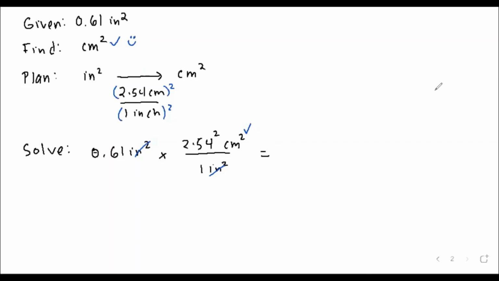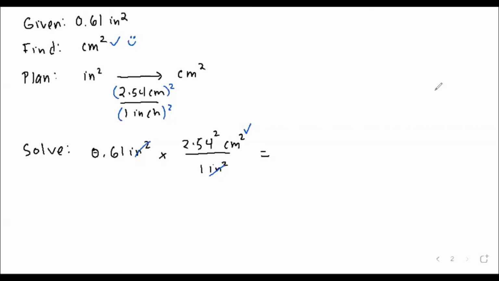So now I'm going to multiply 0.61 times 2.54 squared. So I like to use lots of parentheses on my calculator to make sure that it keeps the exponents and the powers next to the numbers they're associated with. So I'm going to put 2.54 raised to the second inside parentheses just to make sure that my calculator doesn't accidentally square like the whole answer.